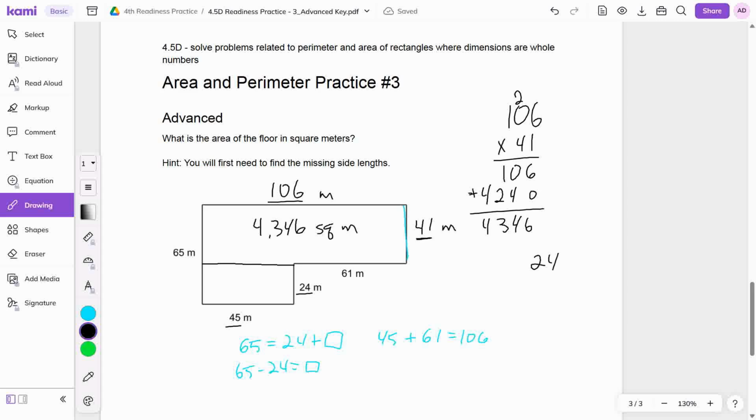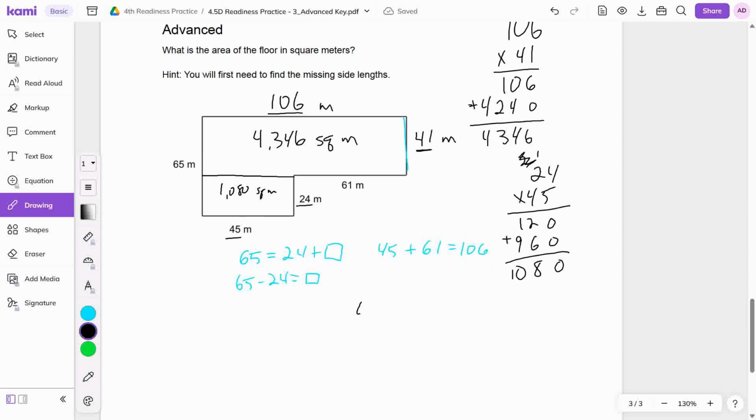So 24 times 45. It's going to be 20. That's 10. That's 12. That's 16. It's 8. And then add the one, that's 9. So I've got 1,080 square meters. Now I need to add the two.